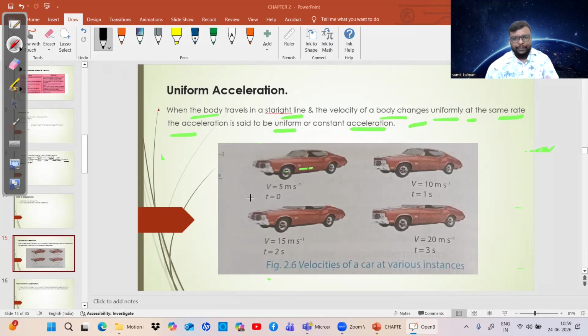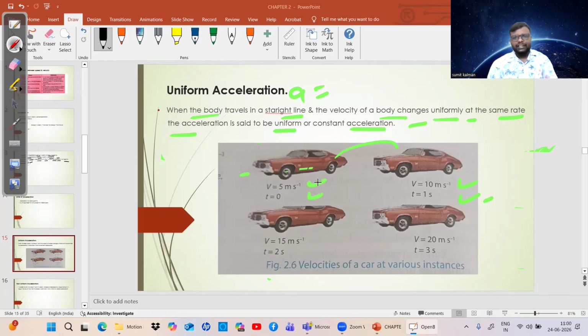Now you can see here, this car has velocity 5 meter per second at t equal to 0 second, and velocity 10 meter per second at t equal to 1 second. For these two, we will calculate acceleration. Acceleration is change in velocity upon change in time interval.